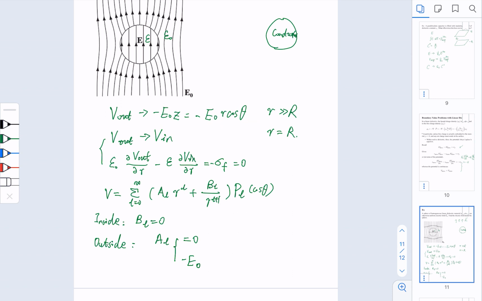This r cosine theta is the P1, and this r to the power of L equals 1 corresponds to the term over here. So last time we also calculated that the A_1 must be minus E naught.